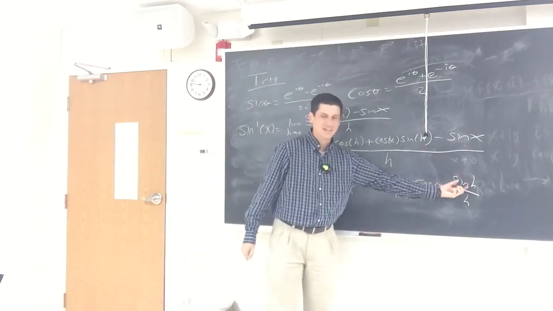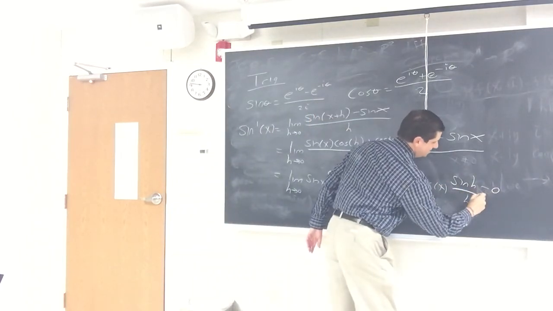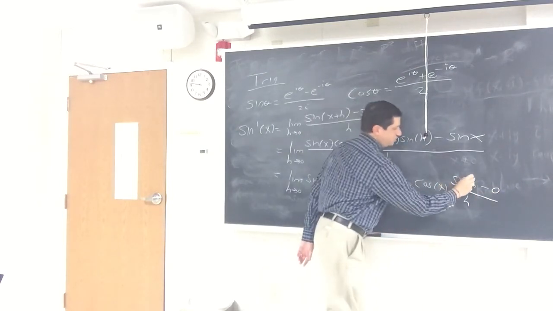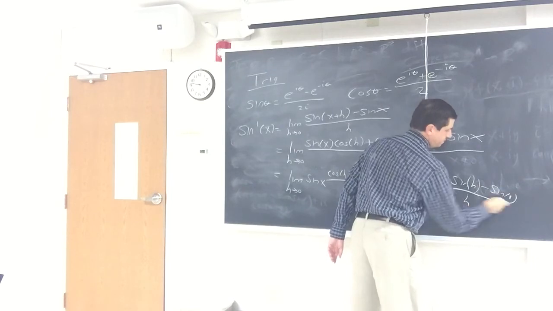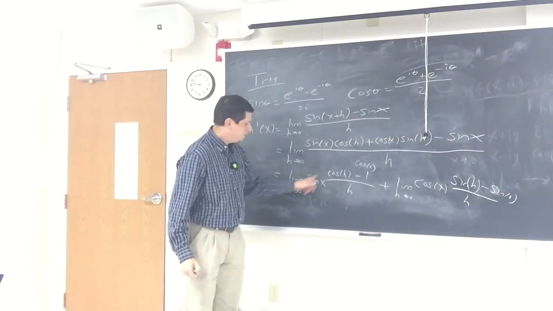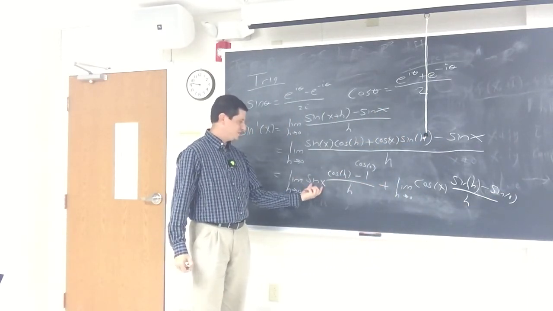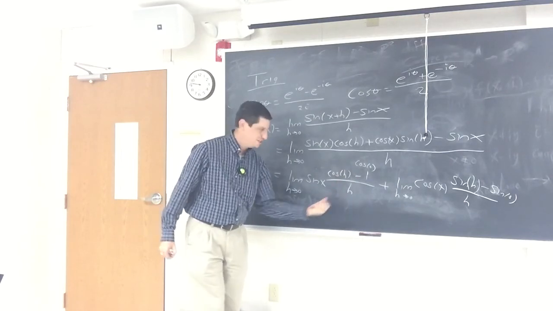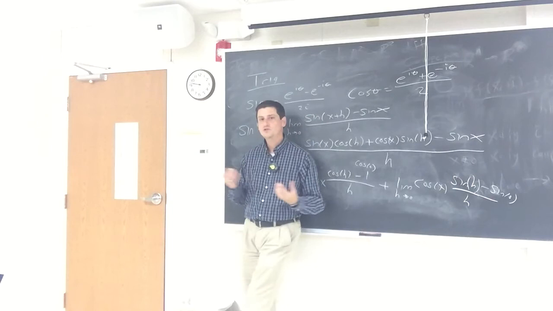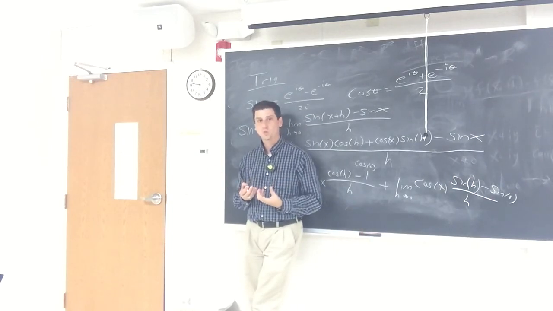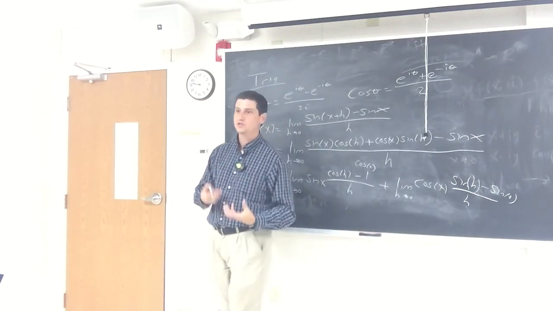And this is the derivative of sine at 0, because I can write this as sine of h minus sine of 0, which is the same as sine of h since sine of 0 is 0. And now the limit of a product is the product of the limits. This is just sine of x times the derivative of cosine at 0 plus cosine of x times the derivative of sine at 0.